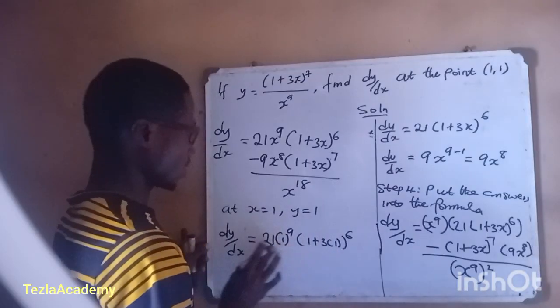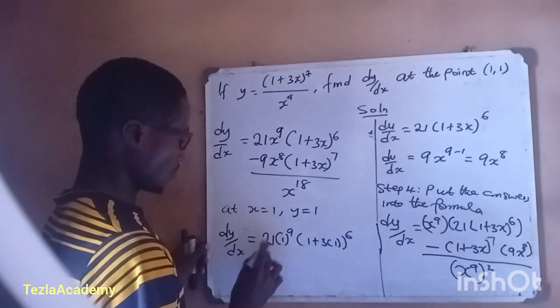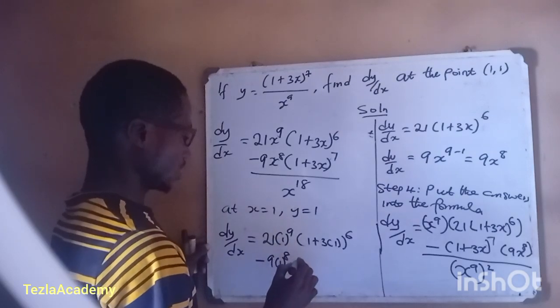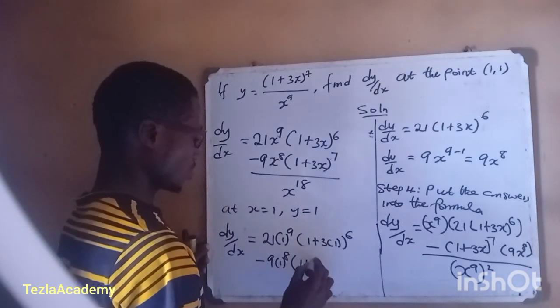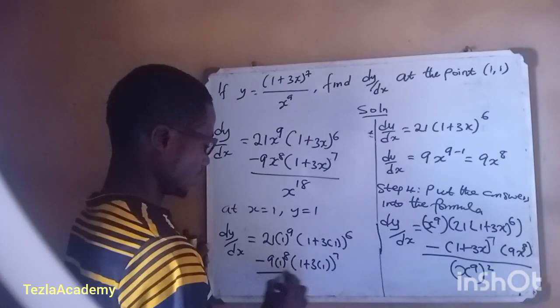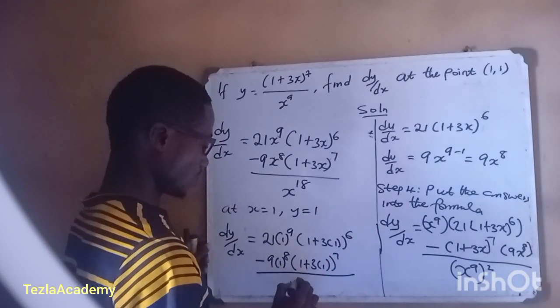That's not all, we still have minus here. So we have minus 9 (1 raised to power 8), then (1 plus 3 times 1) all raised to power 7, then all over 1 raised to power 18.